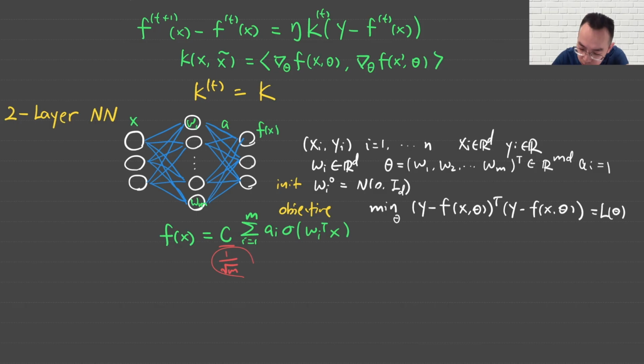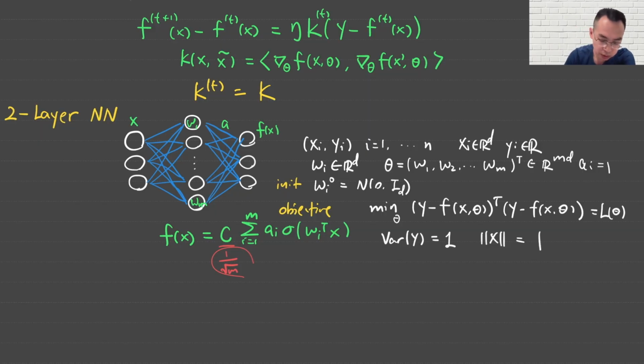So here we're just going to say that the variance of y equals 1. And then we also want the norm of x to equal 1. That's a way to normalize the data. Okay, so now we are ready.